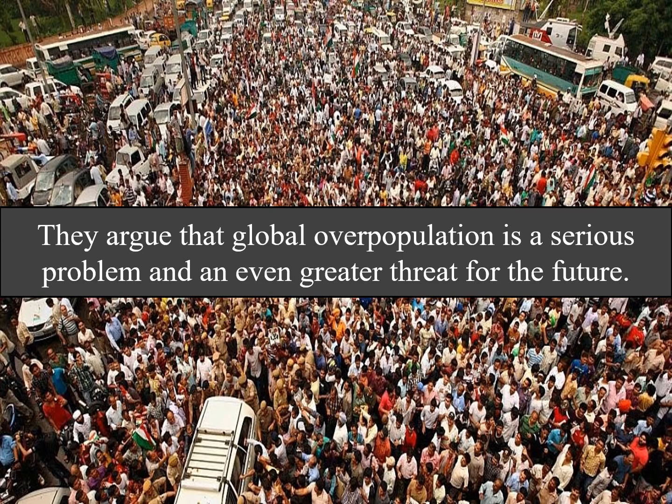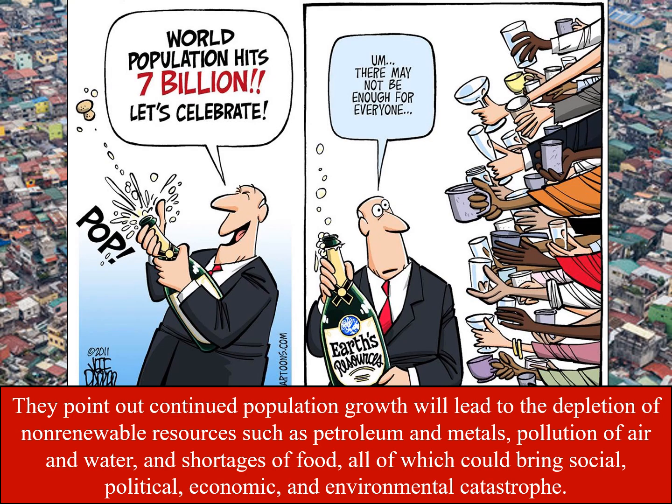They argue that global overpopulation is a serious problem and an even greater threat for the future. They point out continued population growth will lead to the depletion of non-renewable resources such as petroleum and metals, pollution of air and water, shortages of food, all of which could bring social, political, economic, and environmental collapse.